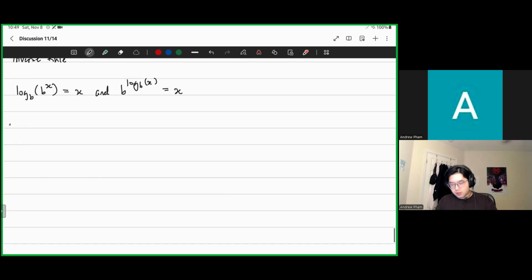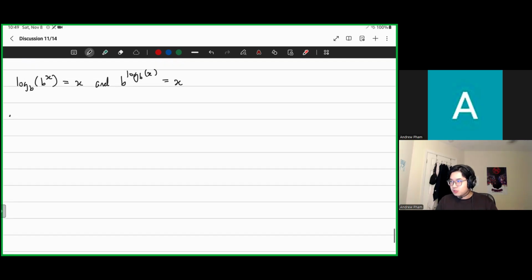The next rule that I would like to talk about is, of course, the product rule. That says if I have the log base b of a product xy, where x and y can be any two numbers or mathematical objects like functions, this is equivalent to taking the log base b of each multiplicand and adding them together.